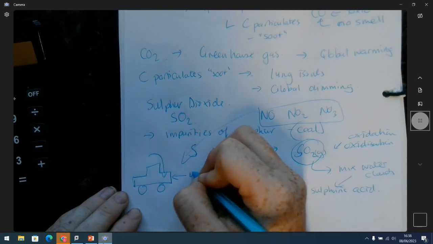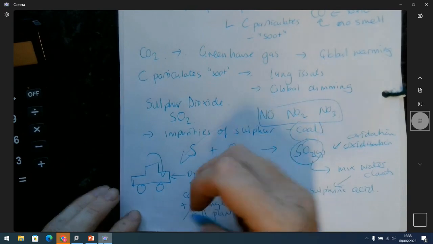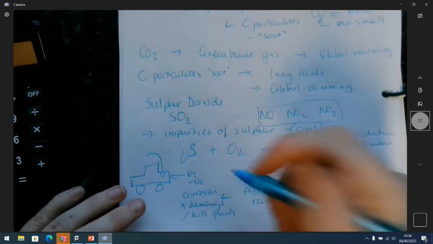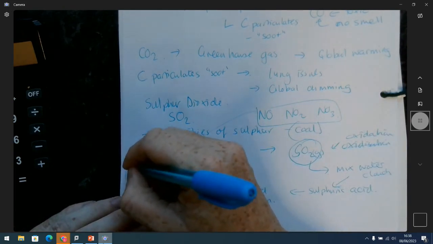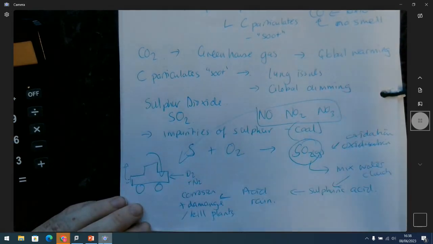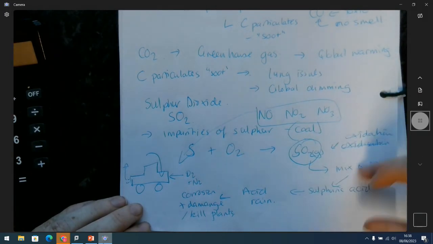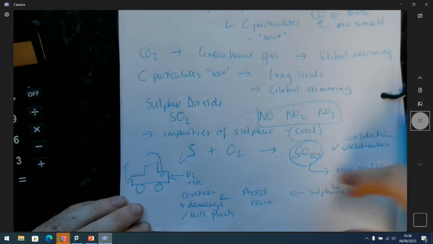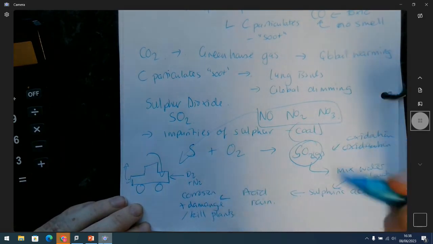So you've got your oxygen and your nitrogen going into the car. And because of the heat, they react together to form the nitrous oxides, which then come out of the car exhaust. And the nitrous oxides can also cause acid rain because they can mix with water in the clouds, form acid rain and fall down, so nitric acid they can make.